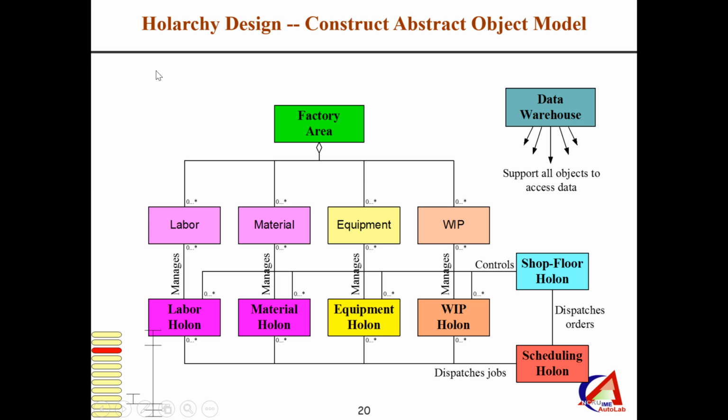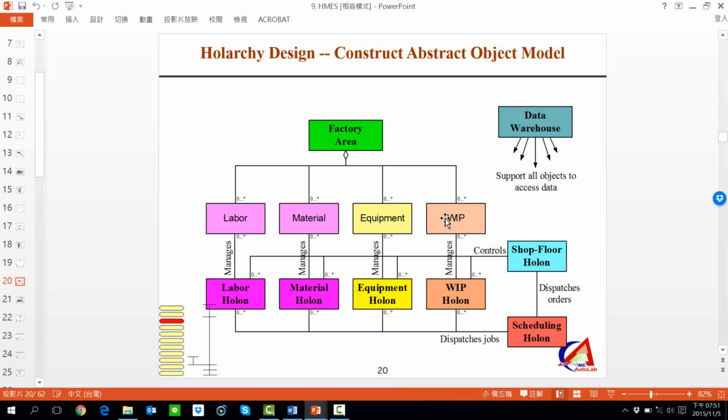after you understand the system requirements, then you need to construct the abstract object model of an MES, because now the example is MES. So you see, this is an example. This is the object model of an MES. Okay, so this represents this object. I'm sorry.